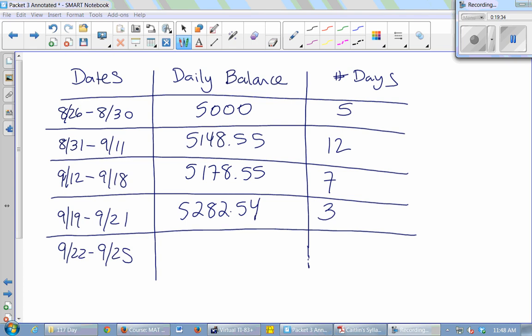I owed them $5,000. Now I owe them $5,282.54. I say, okay, I'm going to pay some of this. I'm going to pay them $200, right? So once I make a $200 payment, now I owe them $5,082.54. My balance comes down by $200. And 22nd, 23rd, 24th, 25th, that's 4 days.